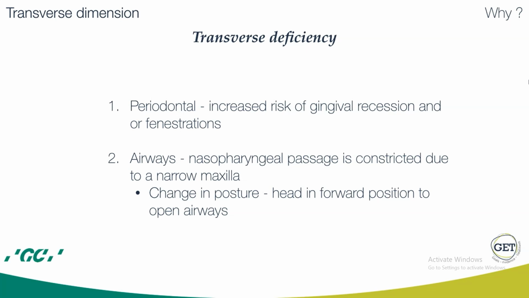Expanding the maxilla not only increases airways, but will also help in correction of the patient's posture. So, periodontal status, stability, bruxism, airways, and skeletal and functional envelope are all reasons why we should care about transverse dimension.